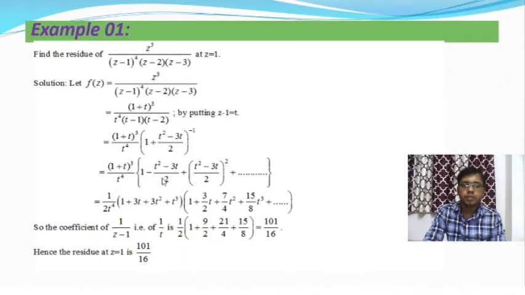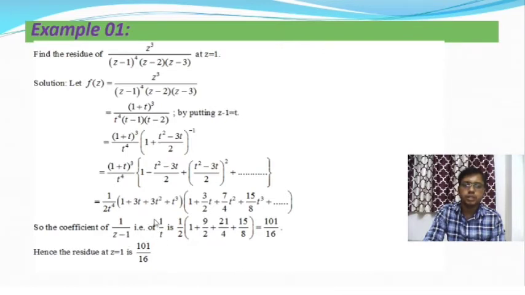After simplifying, it will give 1 by 2 to the power 4 into (1 plus 3t plus 3t square plus 3 to the power 3) into (1 plus 3 by 2 into t plus 7 by 4 into t square plus 15 by 8 into t to the power 3 and so on up to infinity). From this we get the coefficient of 1 by t, or 1 by z minus 1, where t is equal to z minus 1.